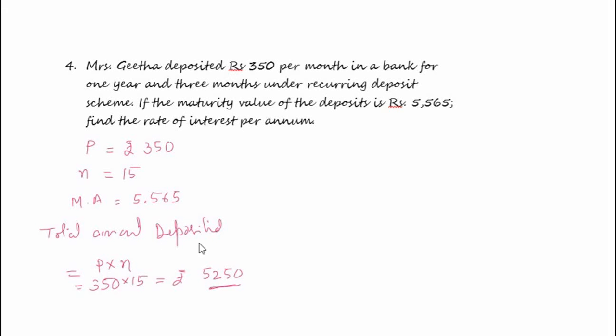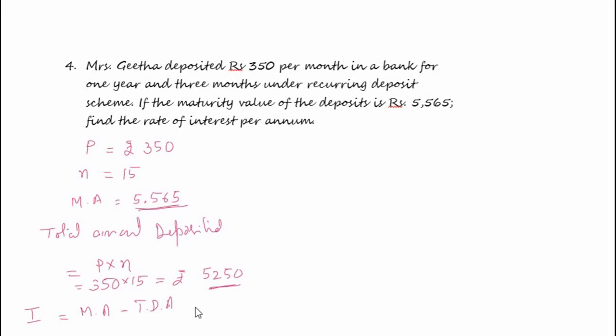Now you know the total amount deposited and we know the maturity amount. This is the maturity amount. So total amount deposited plus interest is the maturity amount. So how will you calculate the interest here? So interest I equal to maturity amount minus total deposit amount.